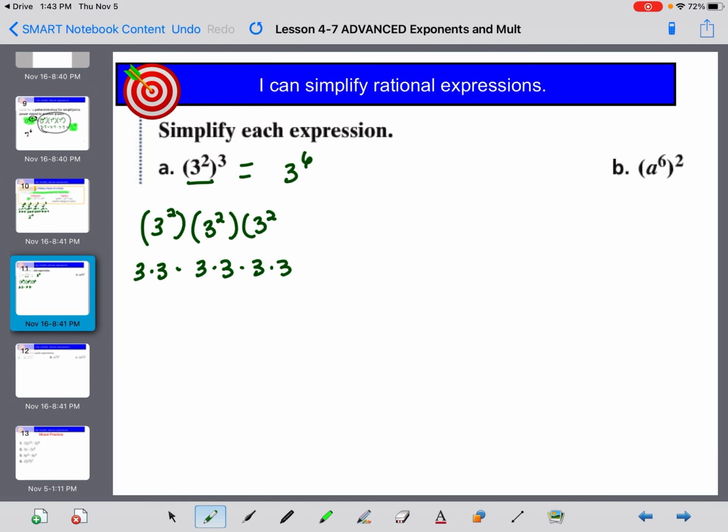And so that equals 3 to the sixth. Hopefully you're finding meaning in this. You need to make sure you're able to apply these rules. In the last one, a to the sixth to the second, that would be a to the 12th.